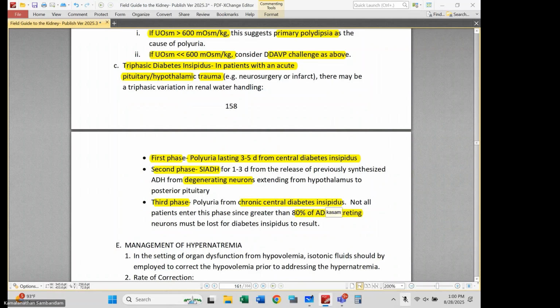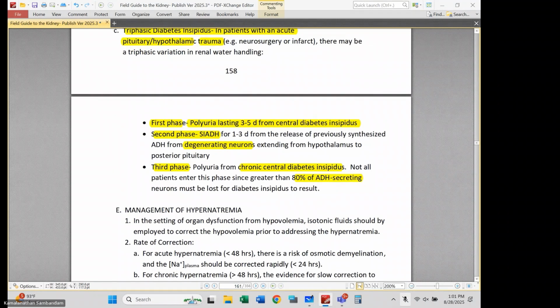You may have some of these early phases, but not have the full expression of diabetes insipidus later on, because you need a fairly dense injury to these cells in order to manifest this deficiency of vasopressin in this classic triphasic diabetes insipidus.